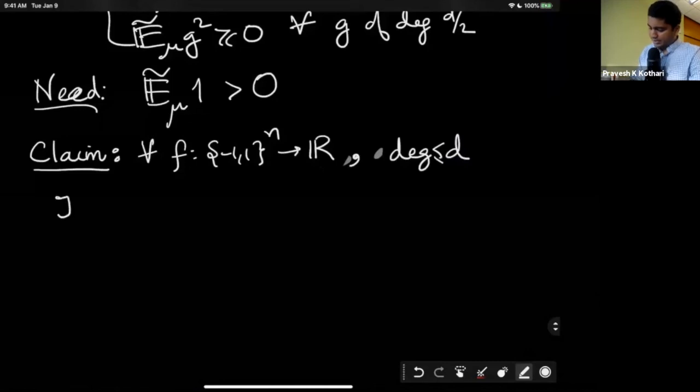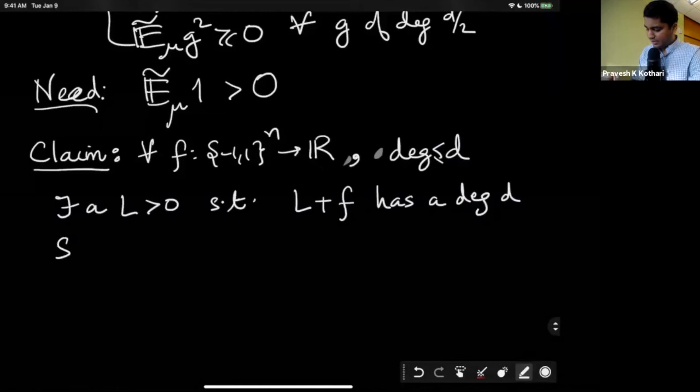There exists an L large enough such that L plus f has a degree D SOS certificate. Okay.